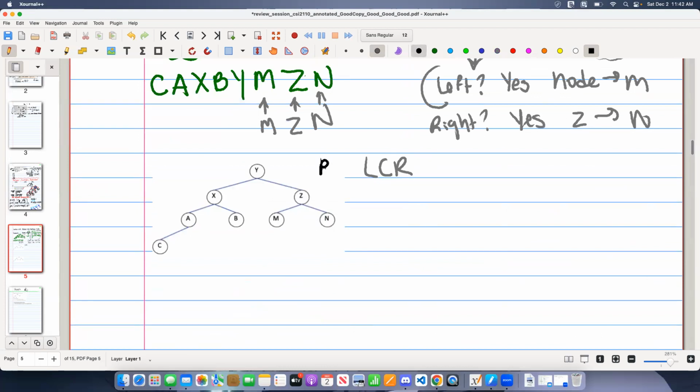So I'm going to give you guys 5 minutes to do it yourself. This is still in order, sorry. Center, left, right. This is post. I'll give you 5 minutes to do it yourself, and then I'll call on somebody and make sure that they have it right.